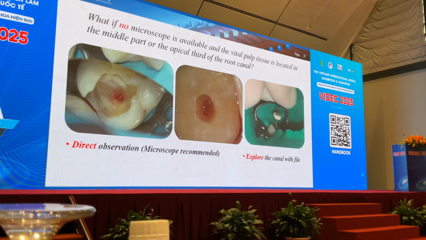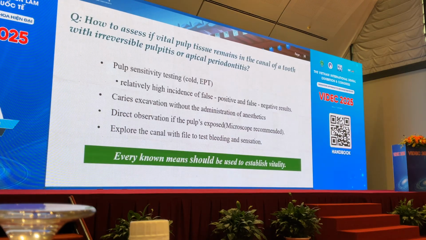You can feel it. So, in the clinic, we should use every known way to establish vitality, all the ways together, to establish the vitality.